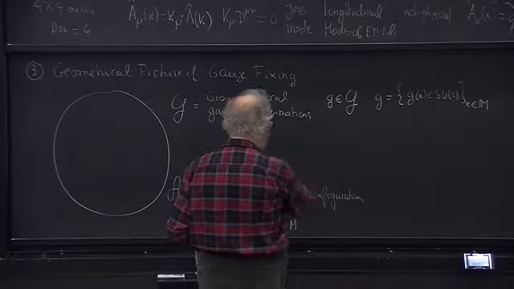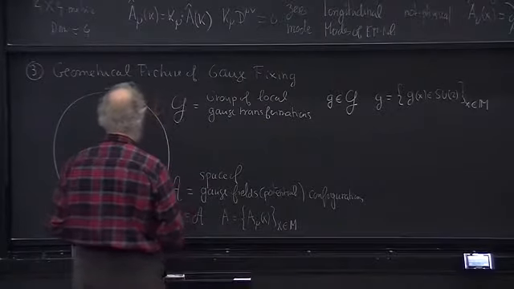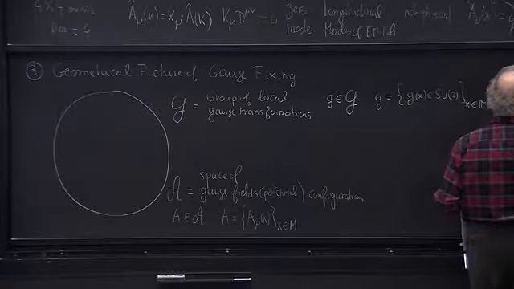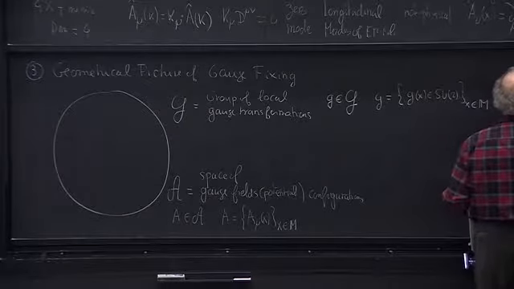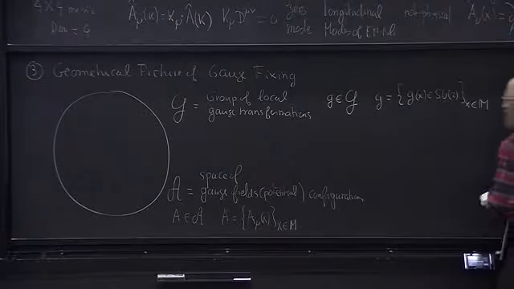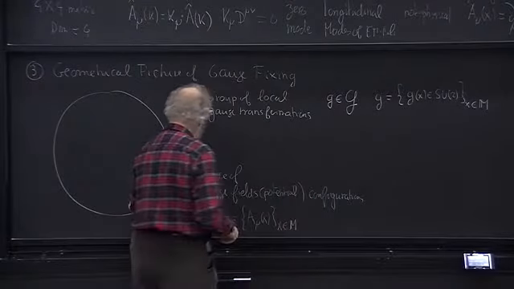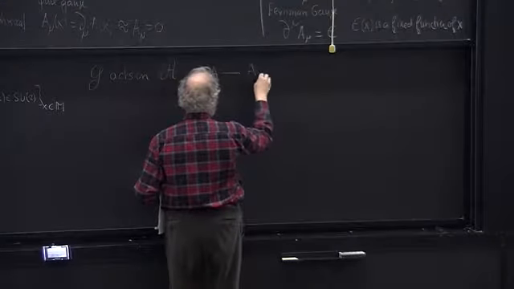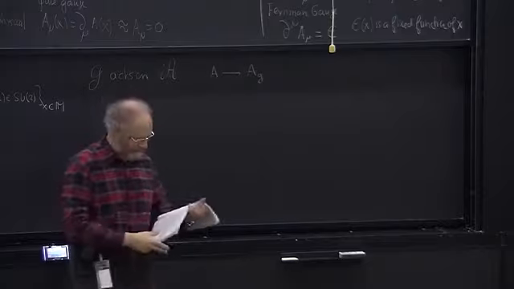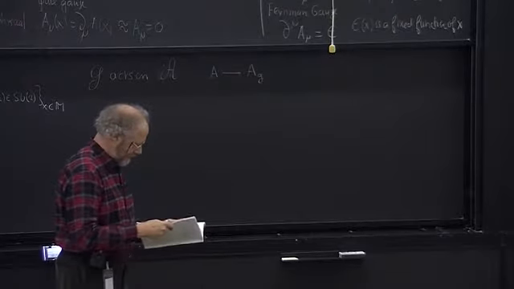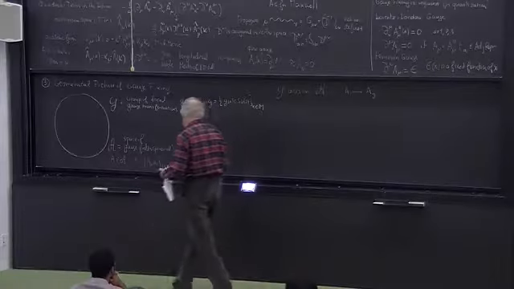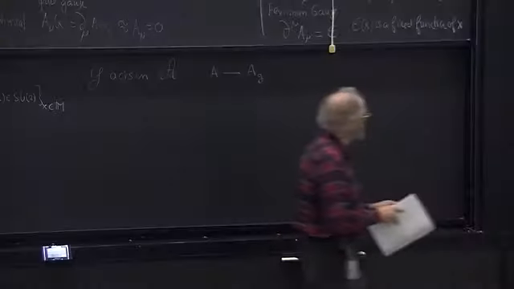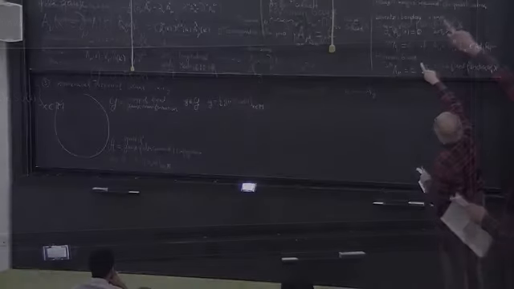Okay. And this group, G, acts on capital A. Simply because to each point on the group, we associate the gauge transformed configuration that I'm going to call A^g, which is just given by this, the same formula as for an infinitesimal gauge transformation.